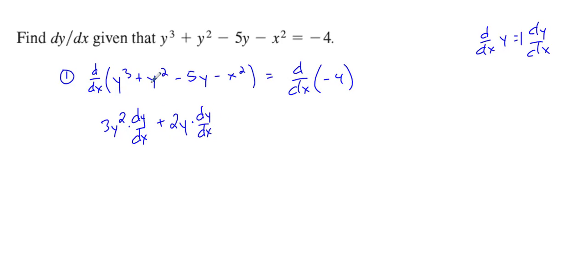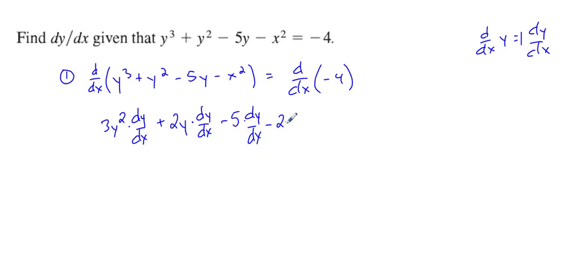It's kind of the chain rule because the variables don't agree. Minus. Okay, what's the derivative of 5y? Just 5, right? But we're taking the derivative of a variable y with respect to x, so we need the chain rule part of dy dx.